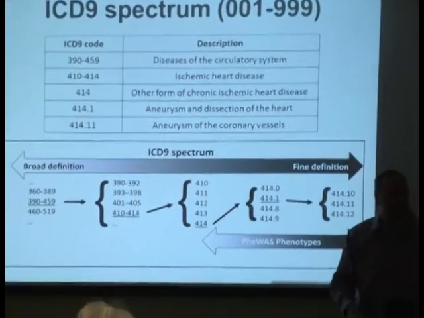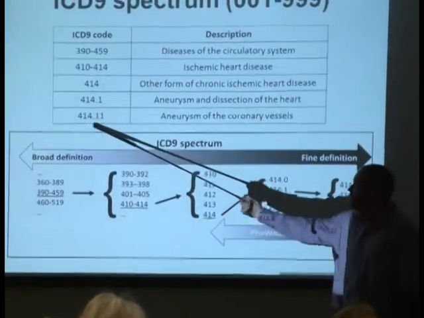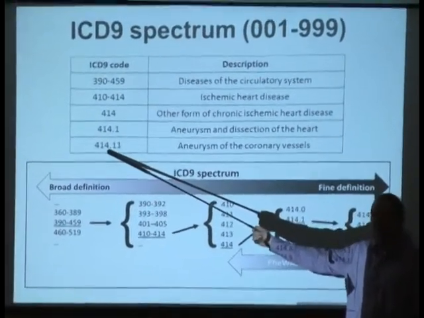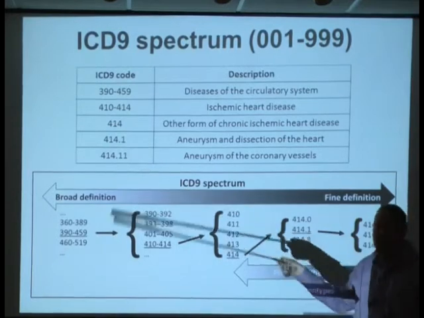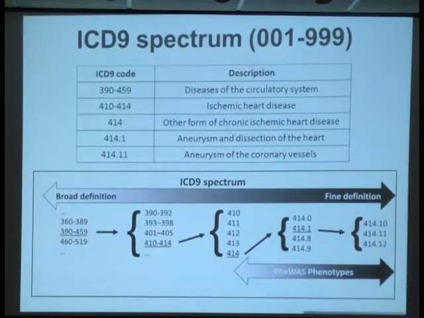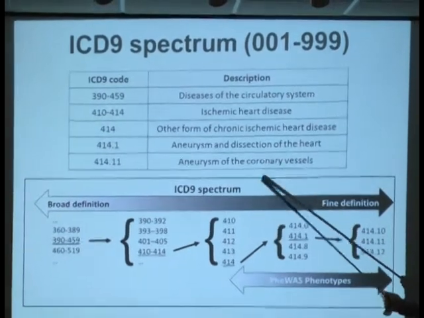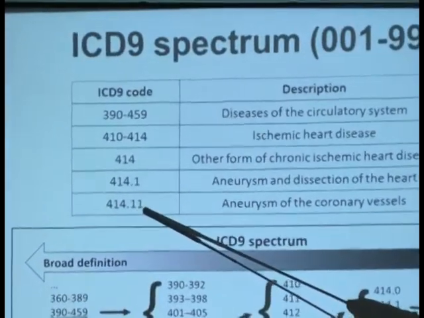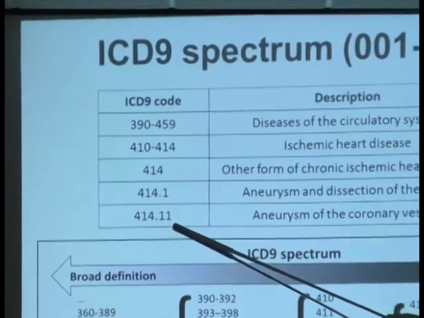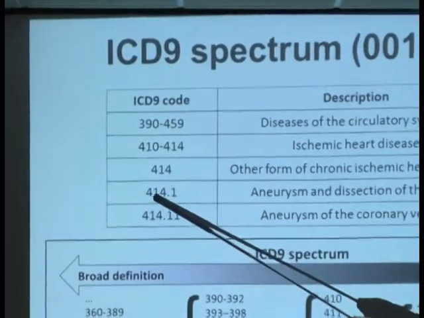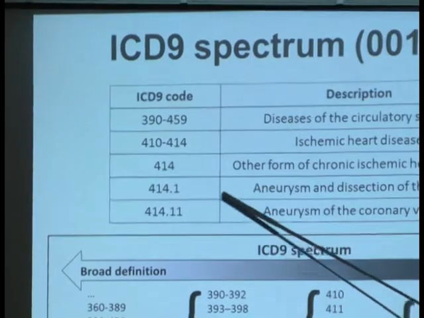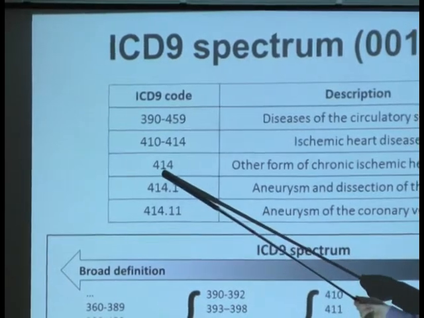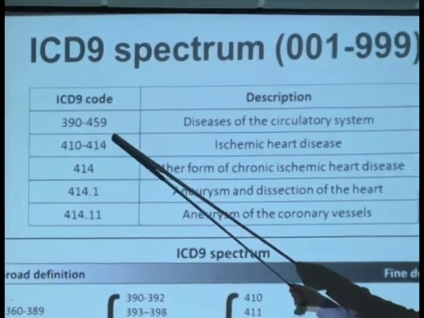Now these codes, everything in between, define all these different conditions, and they can be grouped together in various ways. At the highest level of resolution, we have what's called a 5-digit code. So I'm giving you an example, 414.11, which defines aneurysms of the coronary artery or coronary vessels. All like codes, so like 414.11, 414.12, 414.13, et cetera, can be lumped into 414.1. All like codes here can then be lumped into 414. And then we can keep going up and up.